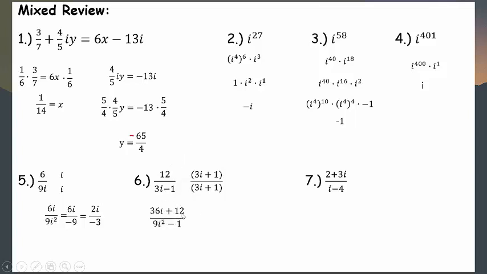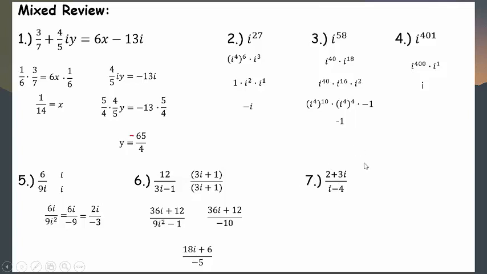Then we're going to do some foiling on the bottom. I know that i squared is negative 1, so if I multiply that by 9 and subtract 1, I get negative 10. And then we do want to reduce 36/10 and 12/10. So I can make this problem now 18i plus 6 over negative 5.